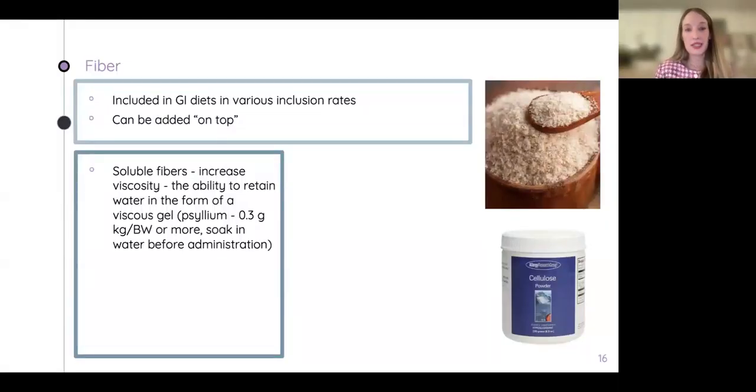Something that is really important is to soak it before administration, because it would bind the water anywhere where it is. So you have to do it before.